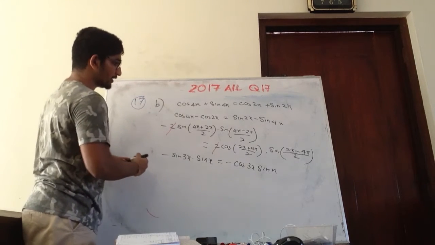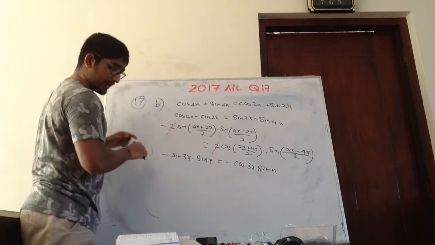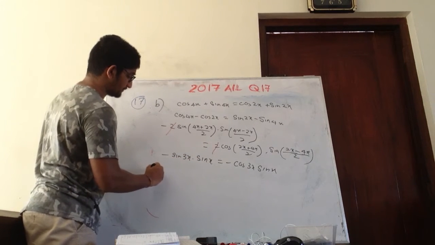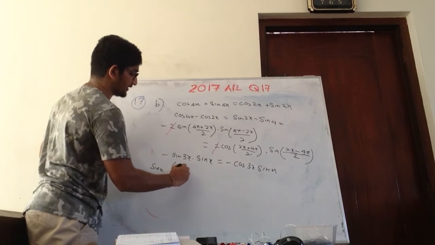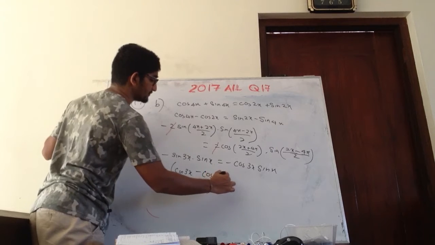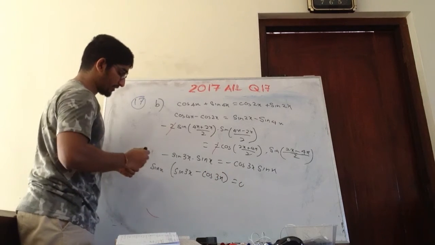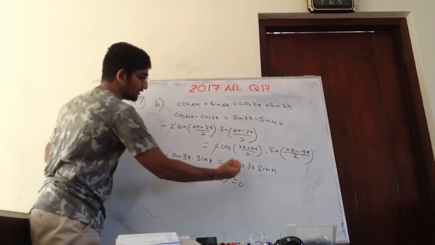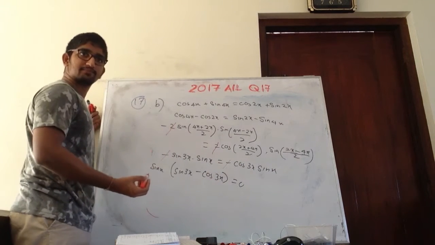So now what I'm going to do here is take sin x out, then I will get sin 3x minus cos 3x equals 0. So remember that we can cut this minus as well.